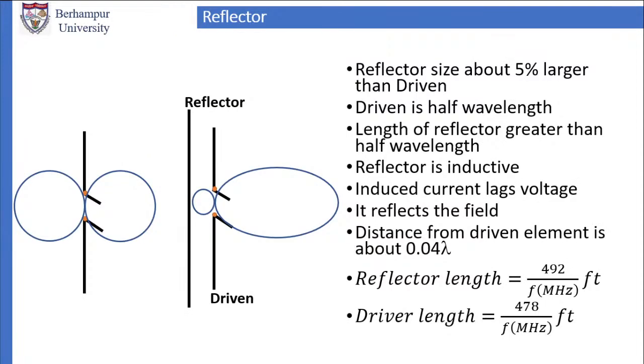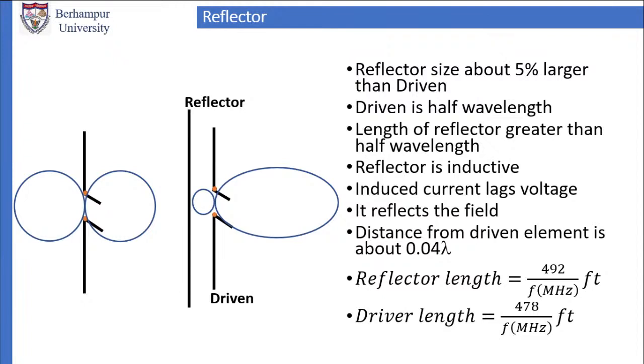Now we will see what these passive elements are. One of the passive elements is slightly larger than the active element. Only one passive element is slightly larger than the active element. This is called the reflector.